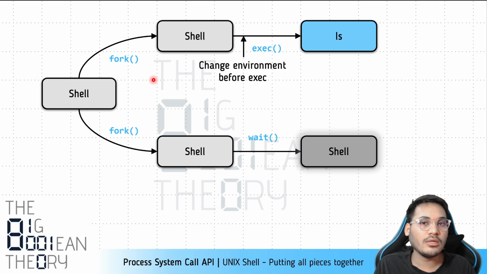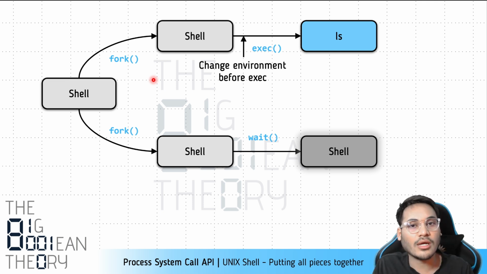The exec system call, which allows us to execute new programs, that is, replace the current program with a new one, is separate from fork. And as I said, the rationale behind this design is that before calling exec, we basically have a chance to alter the environment of the child process that we are about to execute.